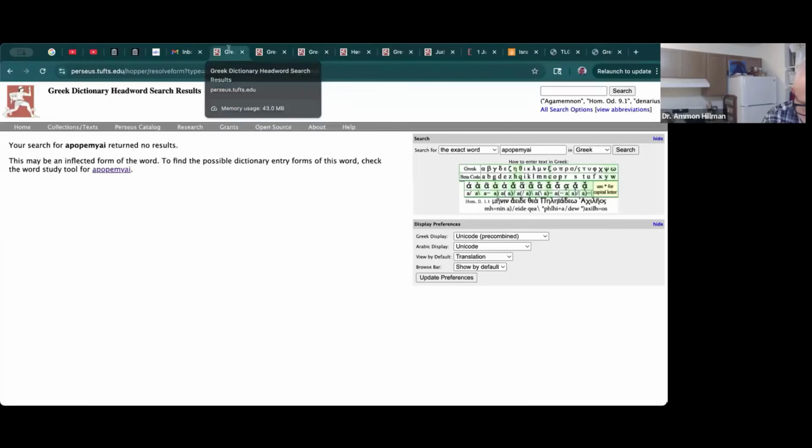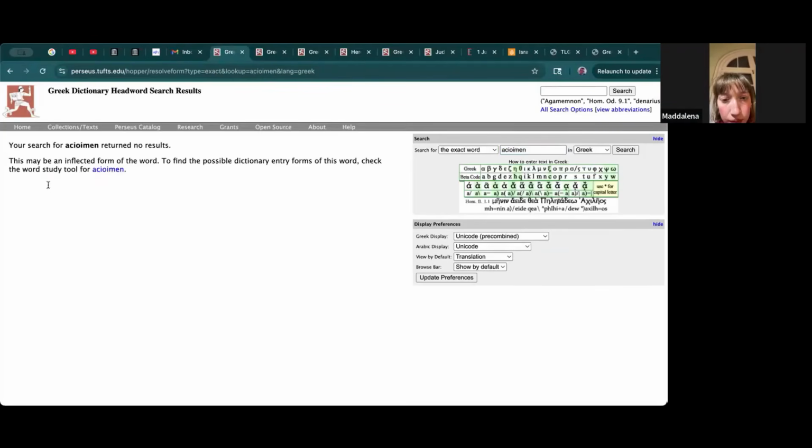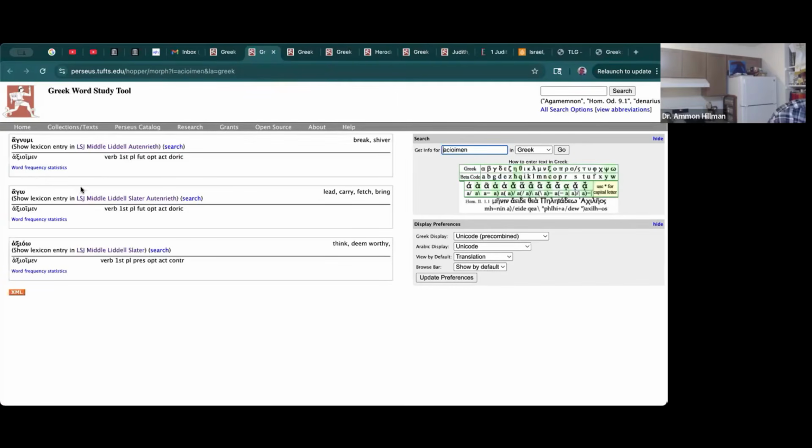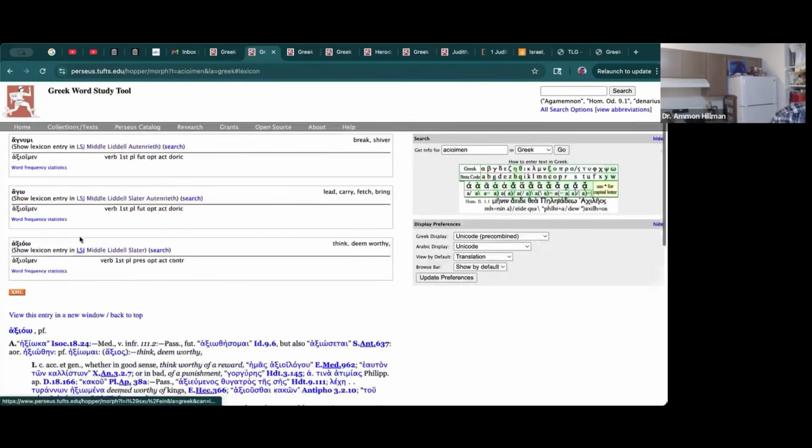Now watch this. Plug it into LSJ, and I want you to be doing this. Boom. Just confirm it. First plural, present, optative, active.